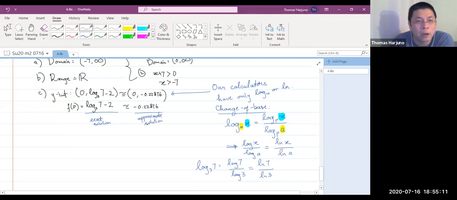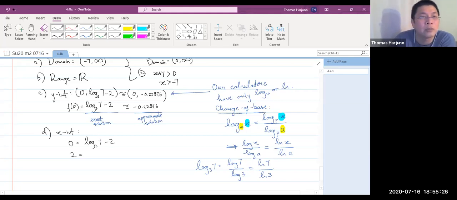Part D, how about the x-intercept? For the x-intercept, y is 0. That's log base 3 of, oh, I'm sorry, I think I missed something. It should be x plus 7, x plus 7 minus 2.